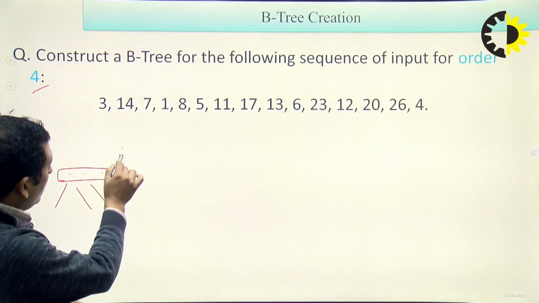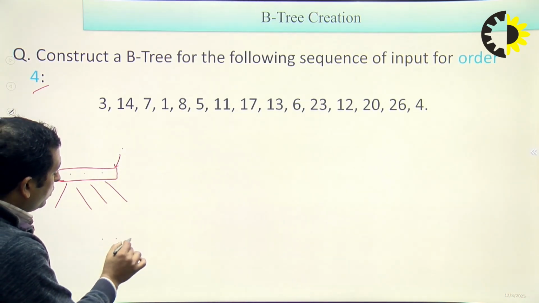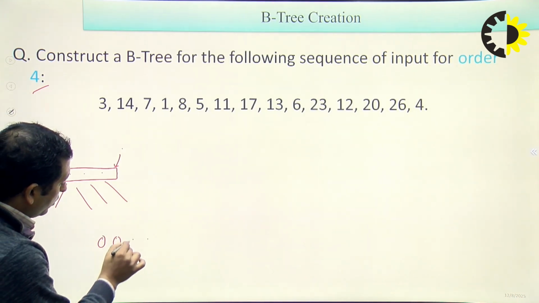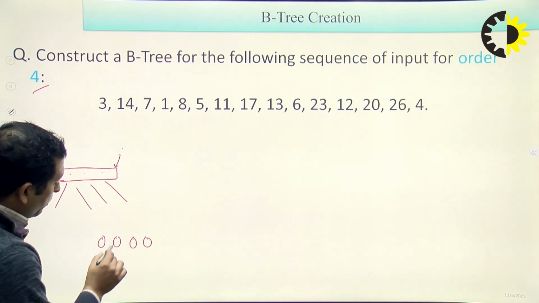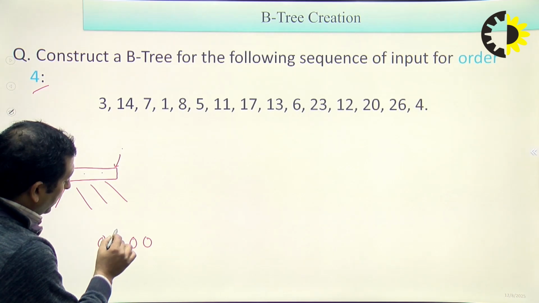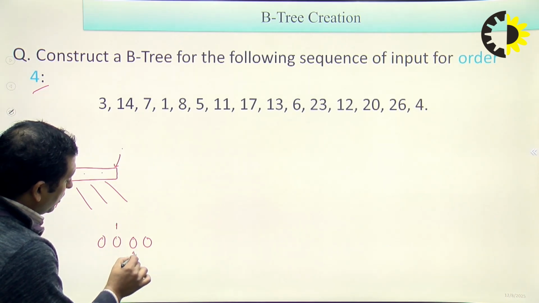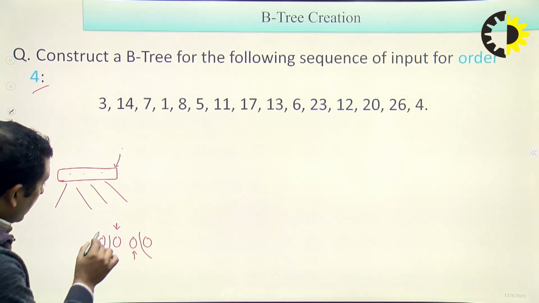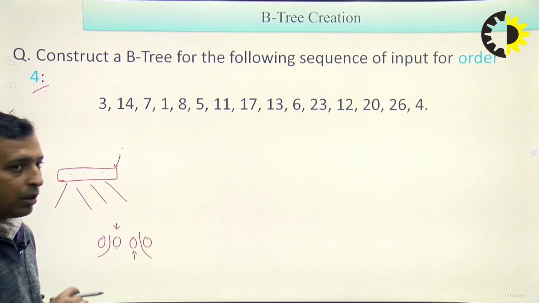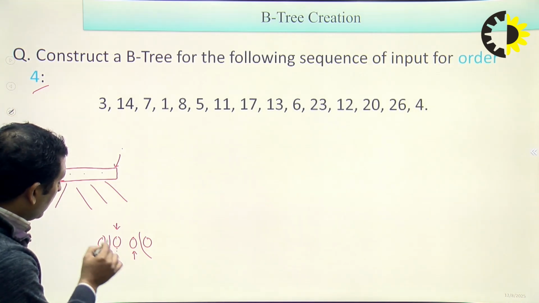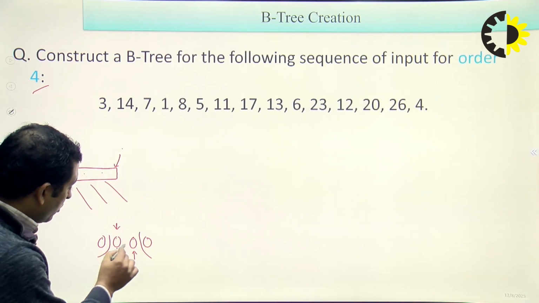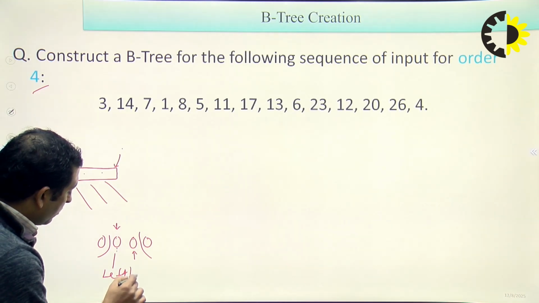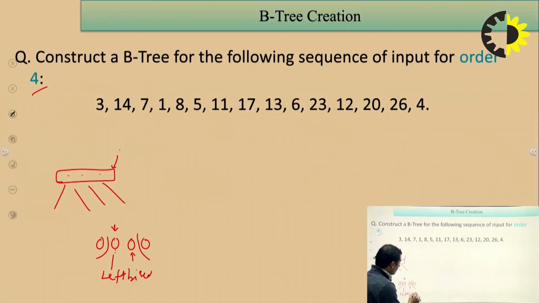Now there are 4 keys: 1, 2, 3, 4. What will be the splitting point? The splitting point may be this one or maybe this one. If we select this one, the left one remains, and this is known as left biased splitting.